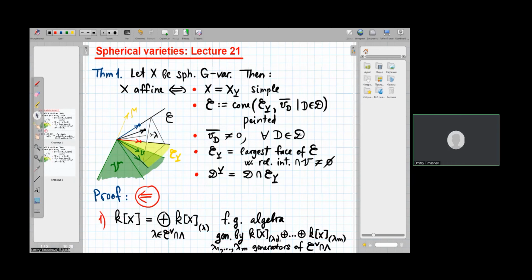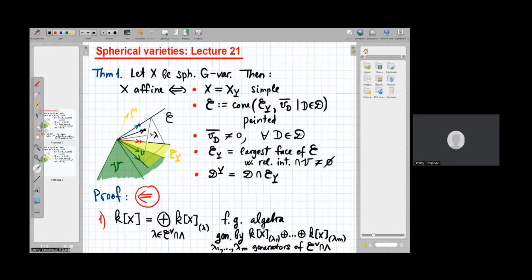So we have this finitely generated algebra. So every summand in this formula is one-dimensional, right? No, because this is not the highest weight line. This is the whole irreducible G submodule. It contains a one-dimensional subspace generated by this lambda I. So why is this finitely generated?